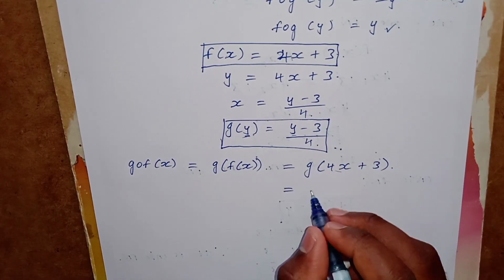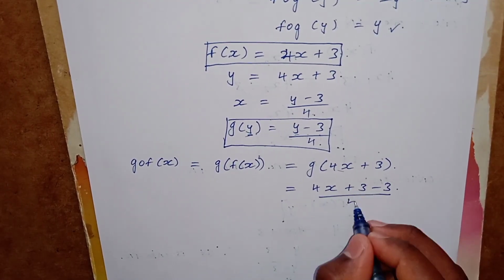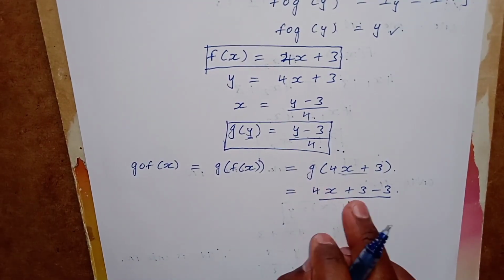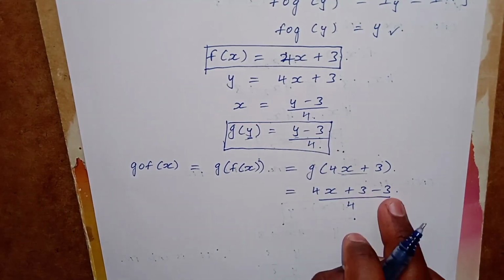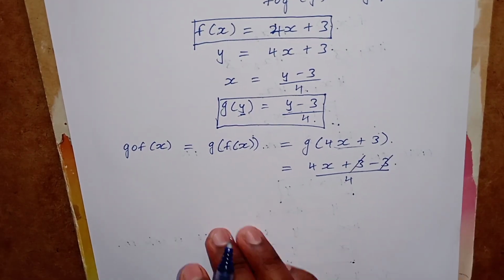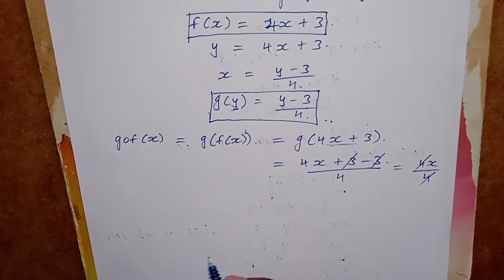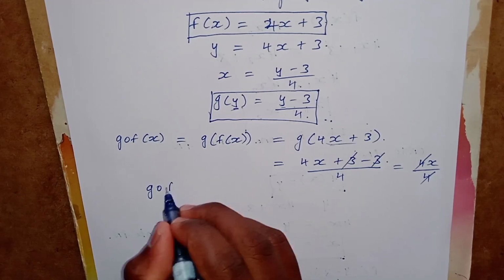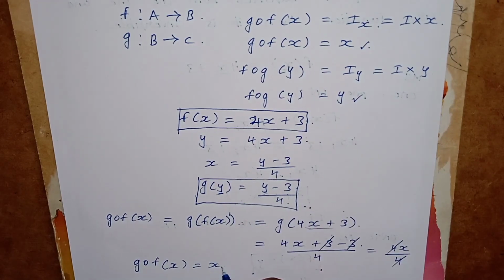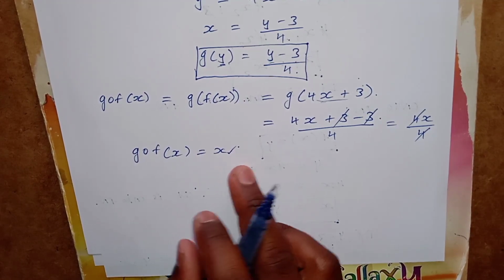Substitute 4x plus 3 minus 3 divided by 4. I am substituting this in the place of y, so 4x plus 3, and this minus this 3, divided by 4. Now plus 3 minus 3 cancel each other, therefore 4x divided by 4, here also cancel. Therefore g o f of x equals x.